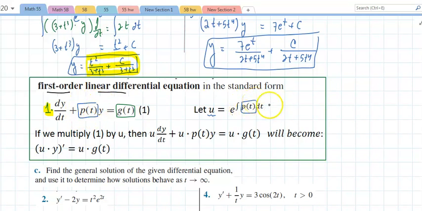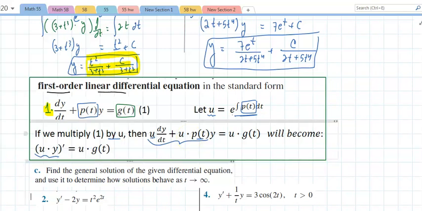Figure out what that equals. Multiply both sides by this u, and this becomes the product rule. This becomes simply u times y prime, I'm sorry.